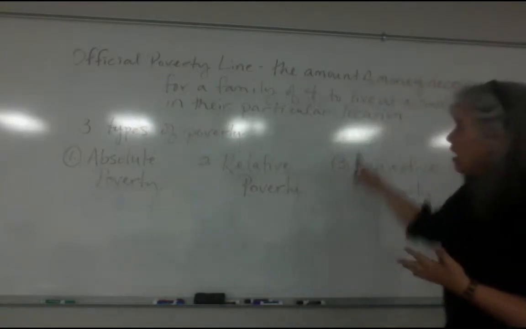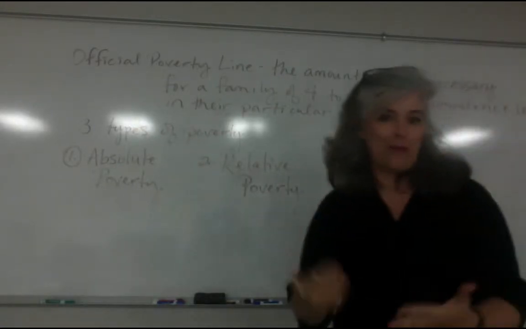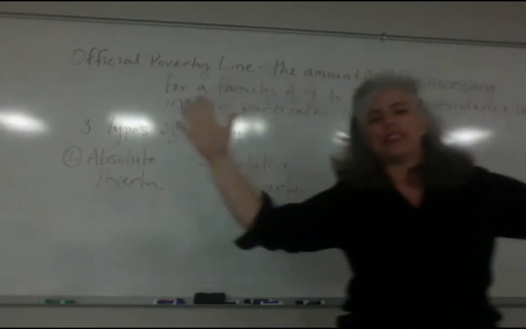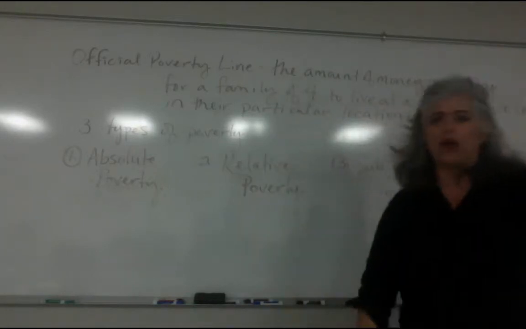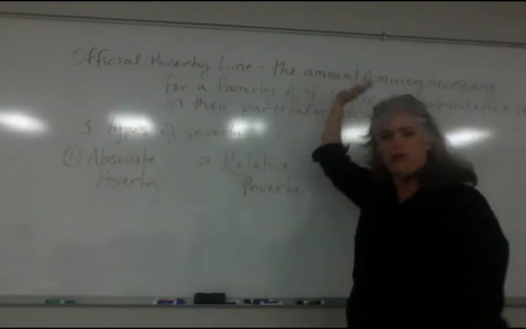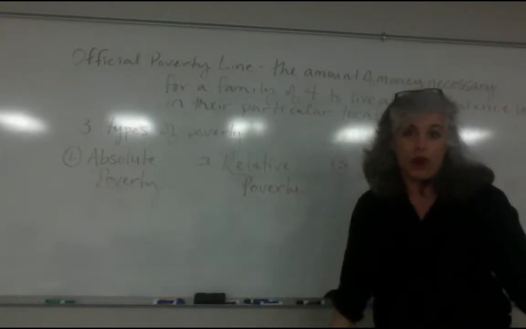So you cannot give just one particular amount. You can't say, all across the United States, here's the amount, $20,000, that declares poverty for a particular group of people, no matter where you are.